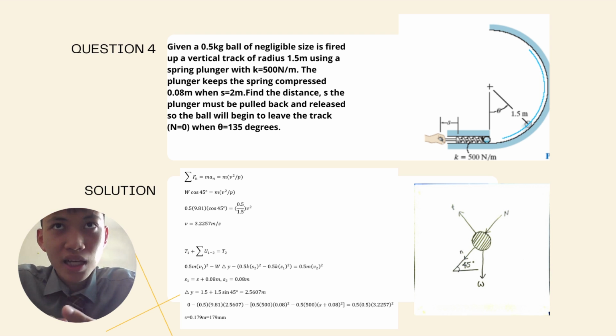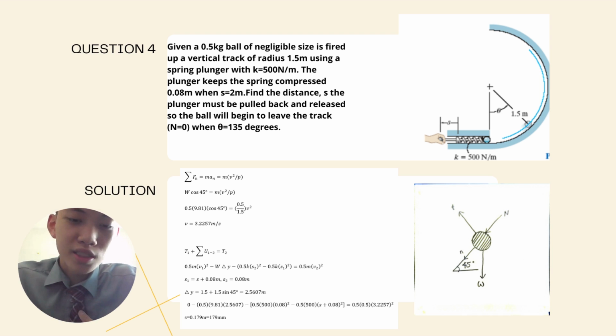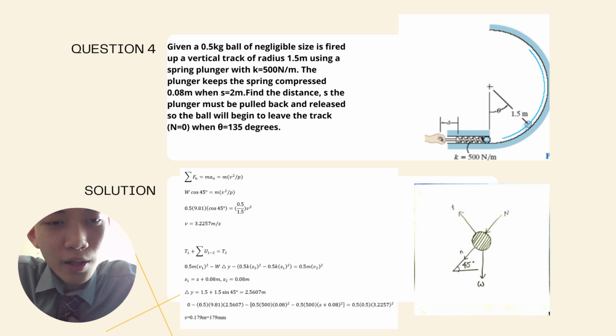Find the distance s the plunger must be pulled back and released so the ball will begin to leave the track, n equals 0 when theta equals 135 degrees. So we will use the centripetal acceleration here, and we will do F equal mass multiplies centripetal acceleration.